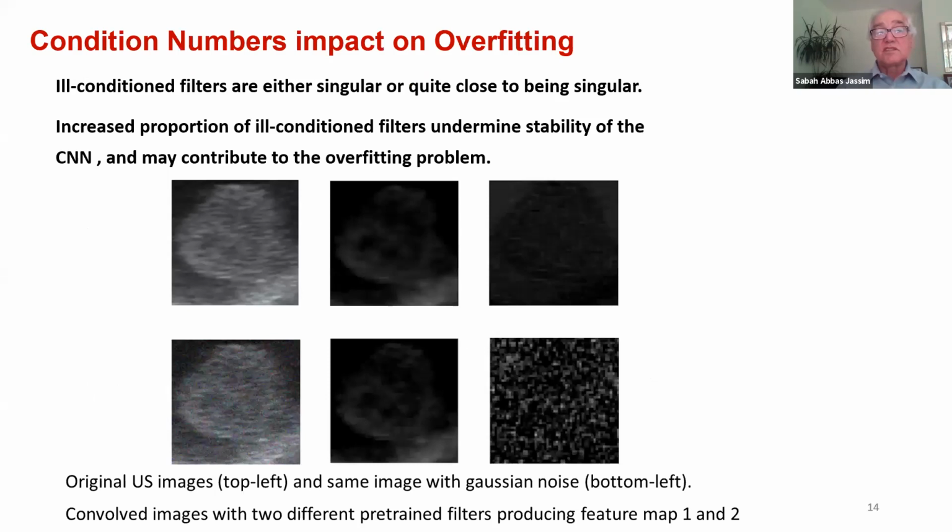And just to illustrate its link to the overfitting, when you look at these ill-conditioned filters, normally they are either singular or quite close to being singular. And you can see in this example, you have two images of tumors. Sorry, it's one image. The top one is an image of a tumor. The next one is simply the same one with a bit of noise.